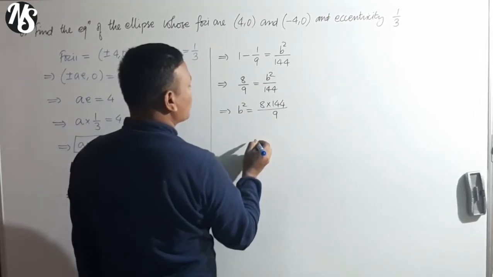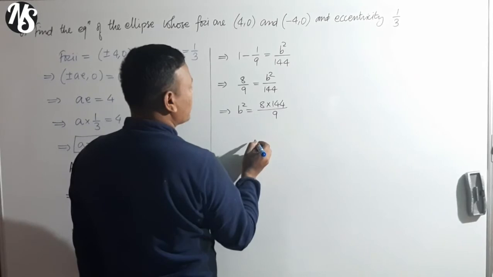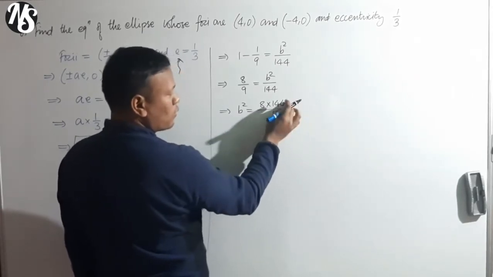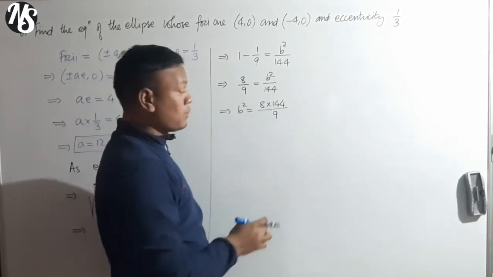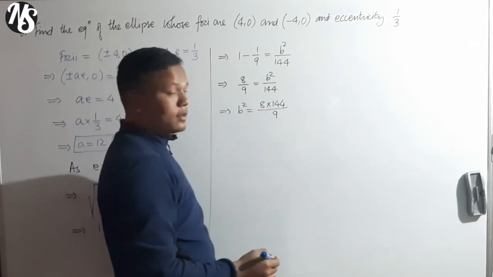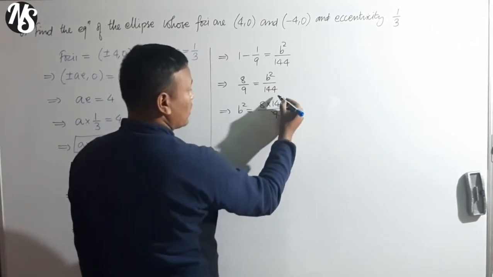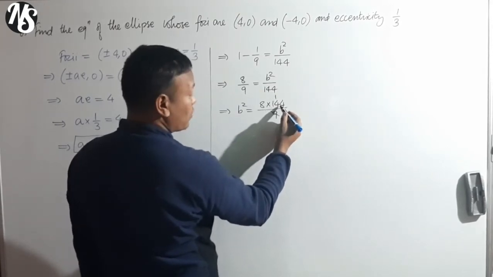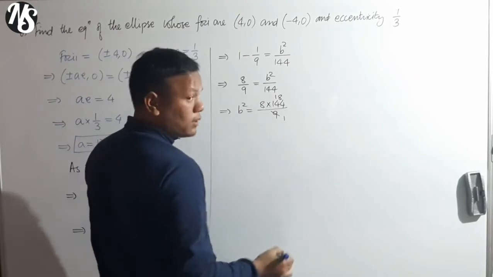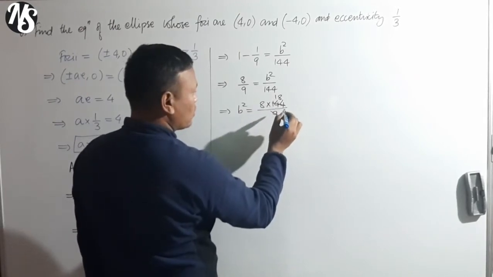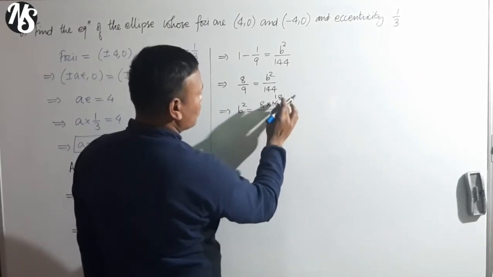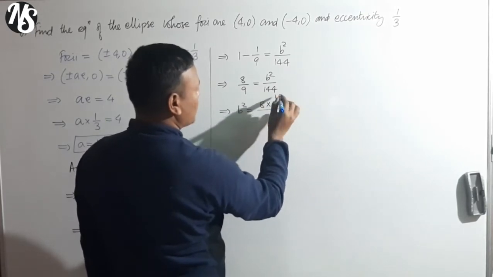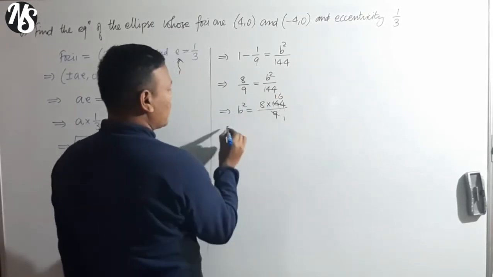Now 144 and 9 get cancelled. 9 ones are 9, 9 ones are 9, and 54 goes to 6, it is 6, not 8, right?